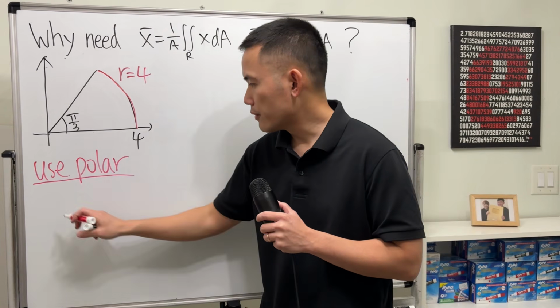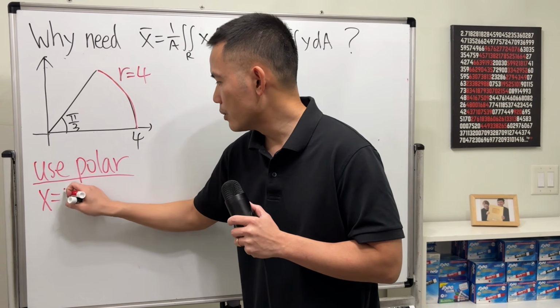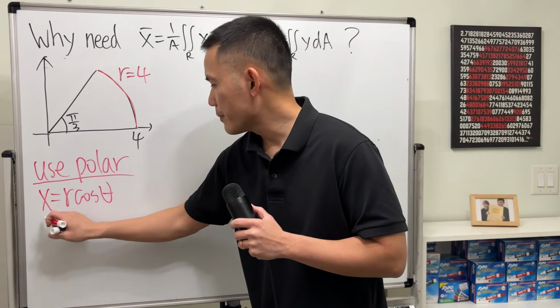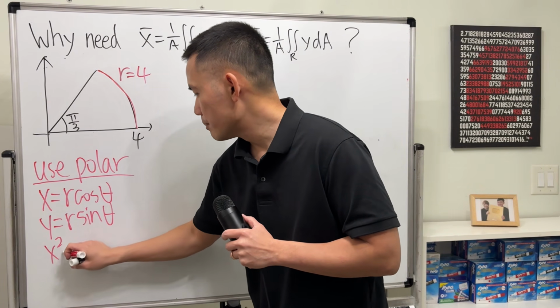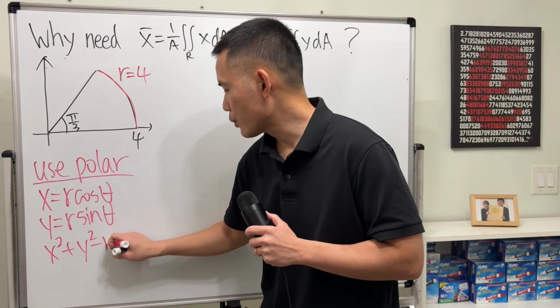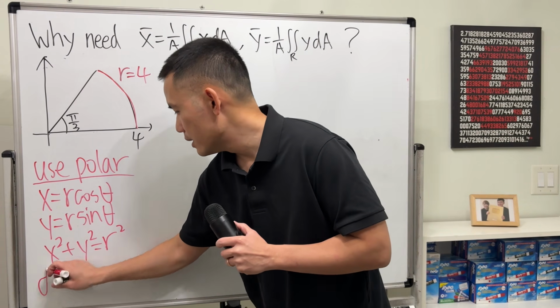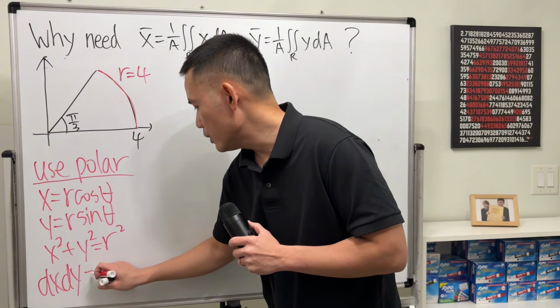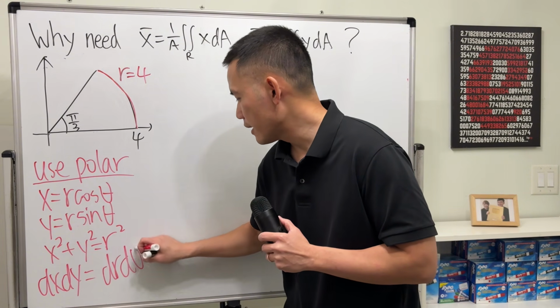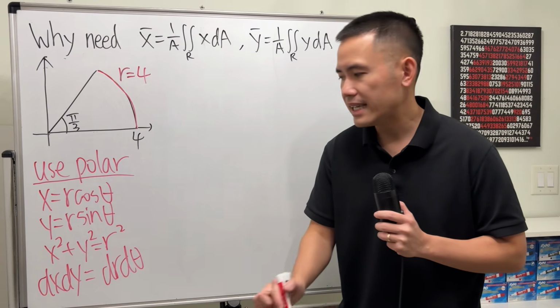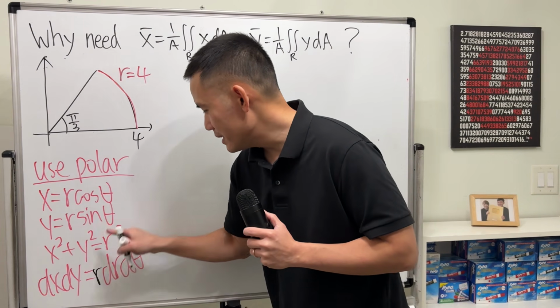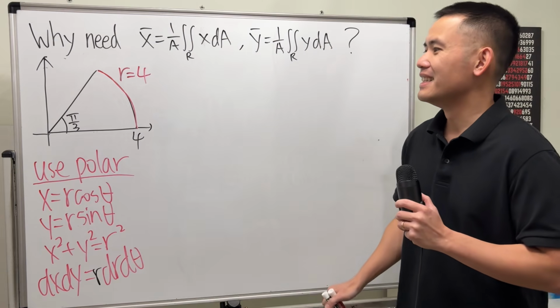And let me remind you of all the formulas. x is equal to r times cosine theta. y is equal to r times sine theta. x squared plus y squared is equal to r squared. And finally, dx dy equals r dr d theta. Don't forget the r. Extremely important.